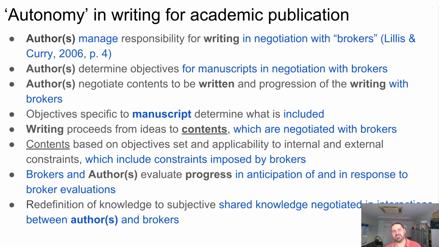authors and brokers. And I think before I move to the next slide, I just want to mention that objectives specific to the manuscript, I had a real debate with myself about what word to put in there, but in my research I specifically investigated authors writing for publication, so I really focused down on the papers they were publishing, and I didn't look at broader questions like what is research, because I did have some authors push back at me and say what I did wasn't research, what I did was kind of a classroom investigation.